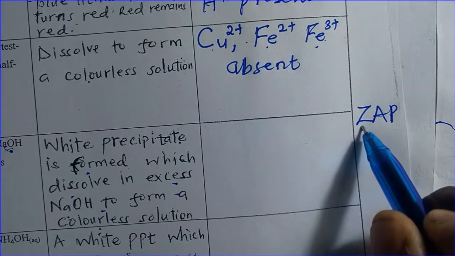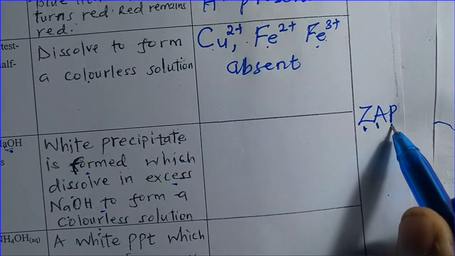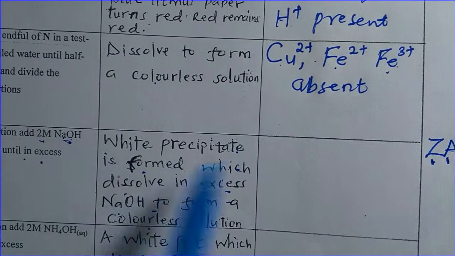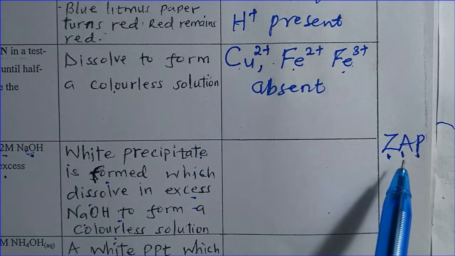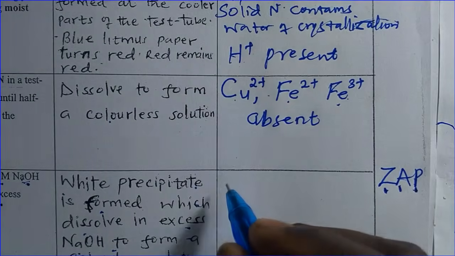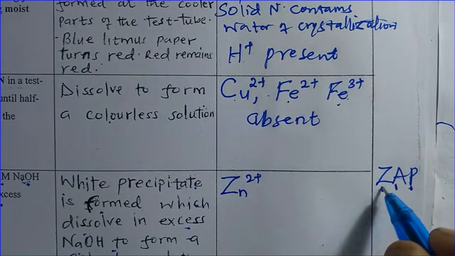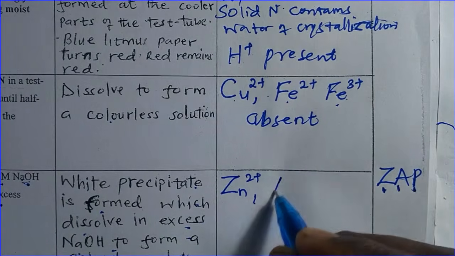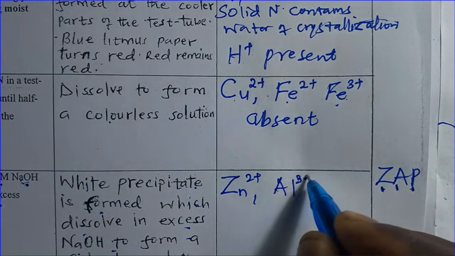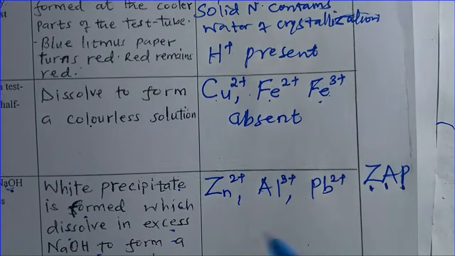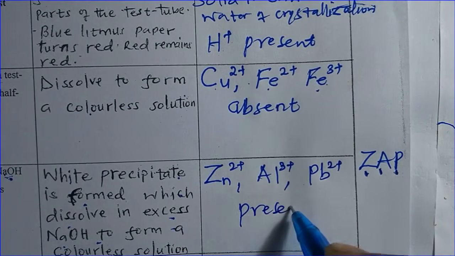ZAP stands for zinc, aluminium, and lead. These are the amphoteric ions. Therefore, sodium hydroxide dissolves here only to form a colorless solution in excess. So there you write zinc 2, aluminium 3 positive, and then lead. So these ones are present.